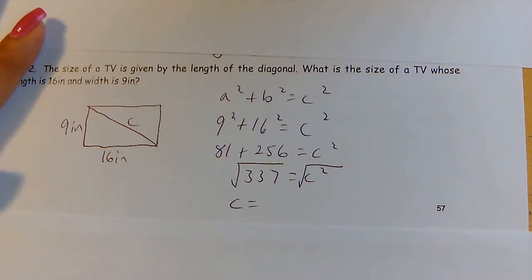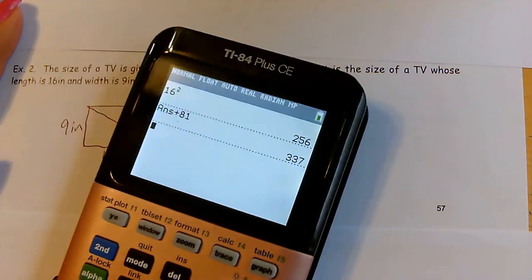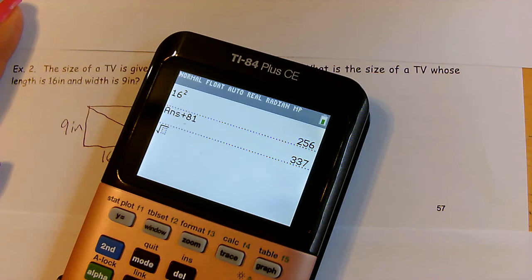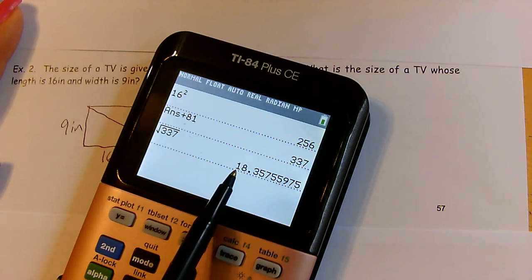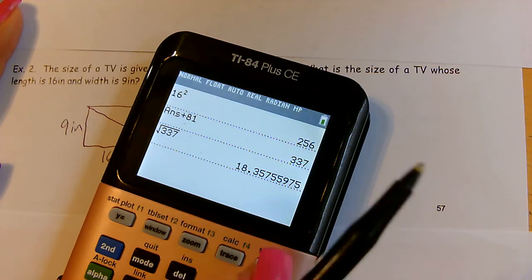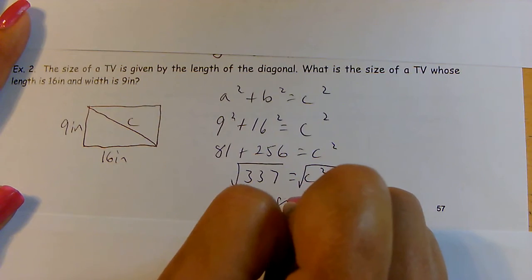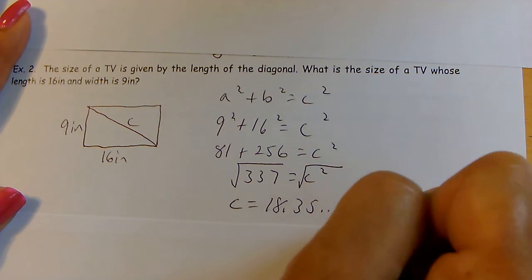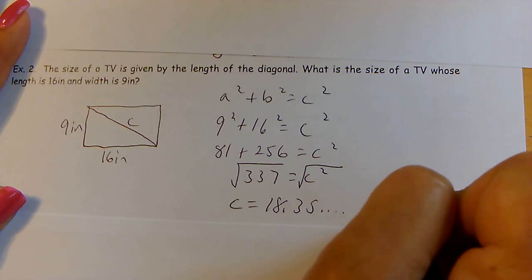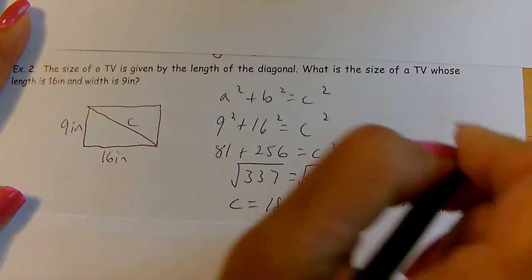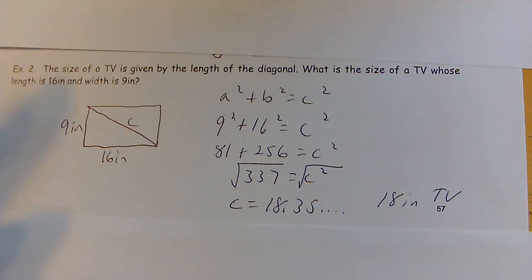So C is going to be the square root of 337. Let's round this to 18-inch TV, to the nearest whole inch.